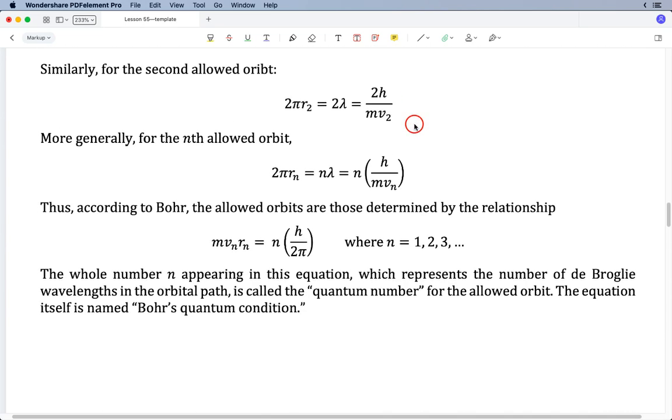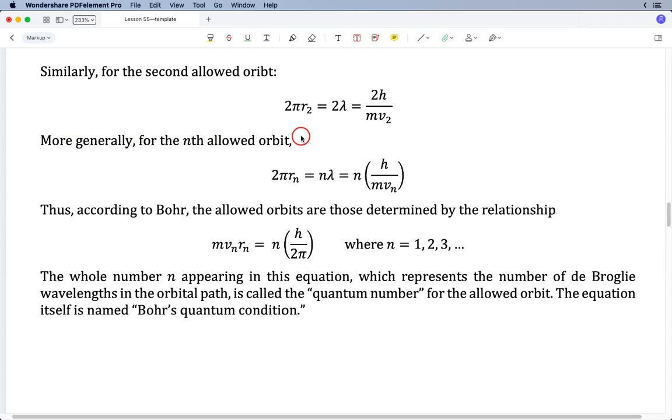Then for the second allowed orbit, the circumference of that orbit is equal to twice the de Broglie wavelength, and twice the de Broglie wavelength would be given by this expression. Then we can generalize this trend.